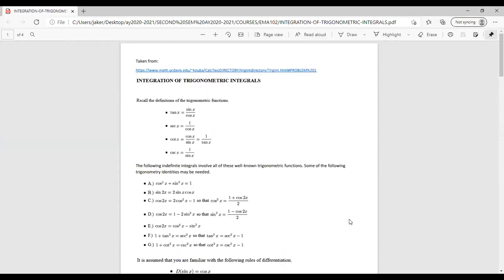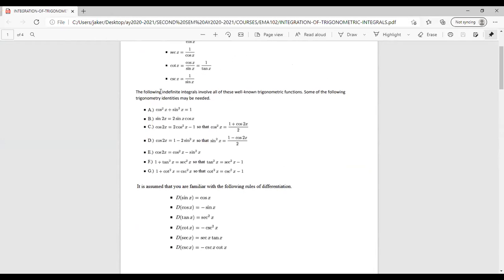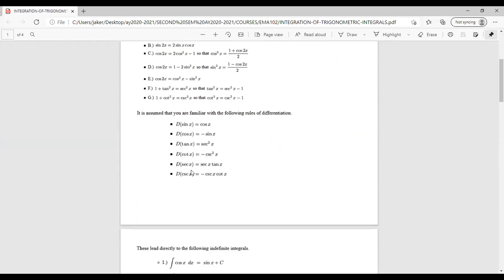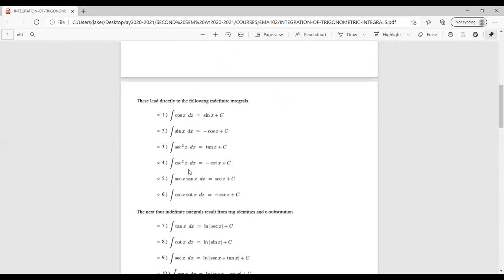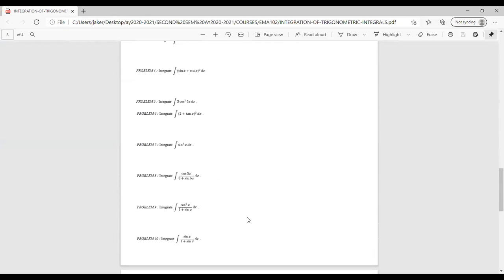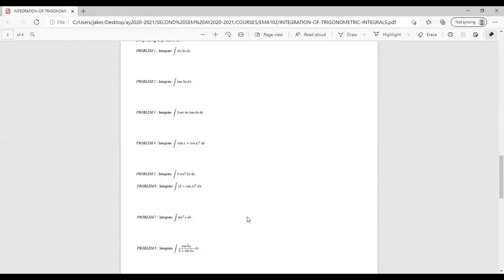This is a summary of the things that you need to memorize and understand. These are identities that will help you integrate. But in the last part here, you will have problems to process.